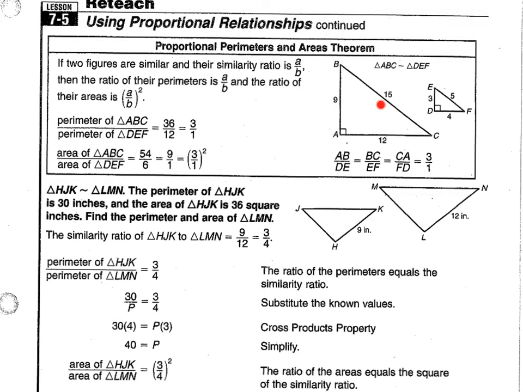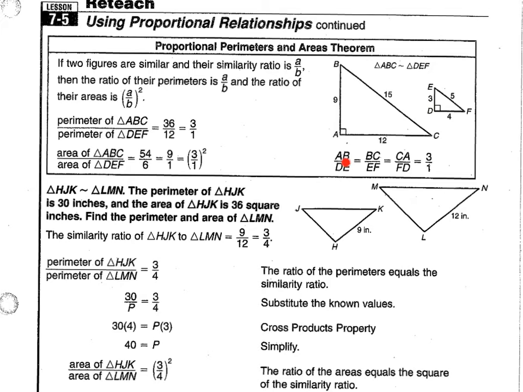So it's 9 plus 15 plus 12, that is 36, compared to the perimeter of the small triangle DEF, which is 3 plus 5 plus 4, and that is 12. So the ratio of the perimeter of the big triangle to the small triangle is 36 is to 12, which you reduce by 12, and that would be 3 is to 1.